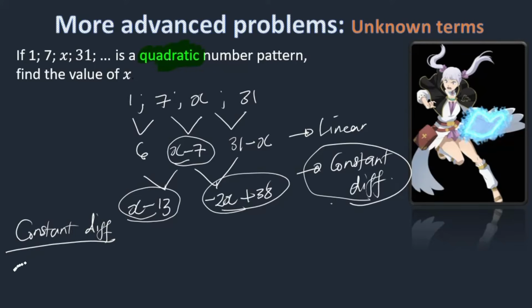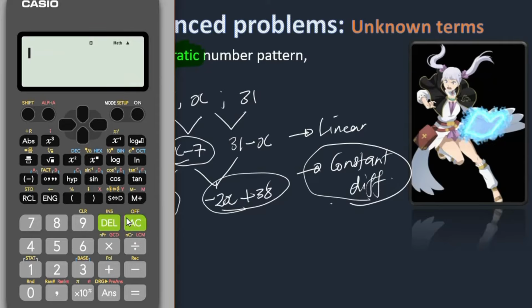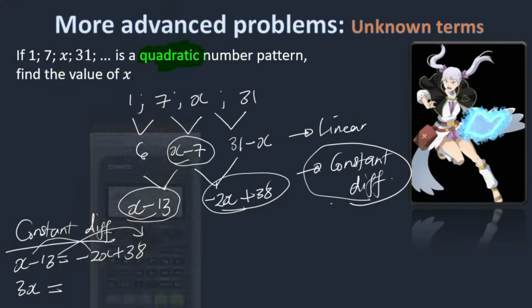Right, so I have x minus 13. This should be equal to negative 2x plus 38. What do we know here? We group things that are the same on one side. I'm sending this to another side. I'm going to have 3x. I'm sending negative 13 to another side. That's 38 plus 13. Let's do it. That is 51.